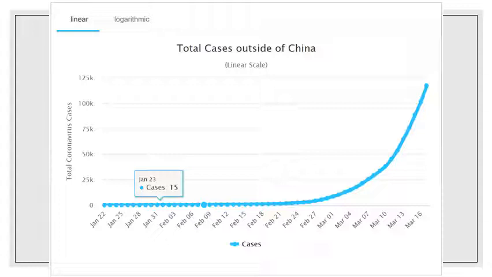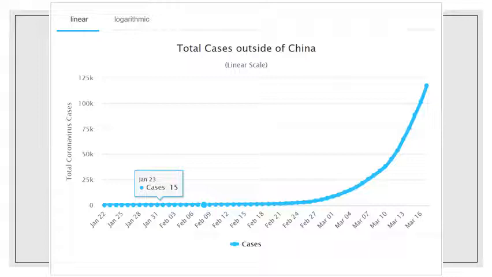They're really, really useful, and they'll probably be used as part of the ongoing crisis to make predictions and to make decisions. So as you can see, there were very few cases until around, say, February 24th, and you can see a dramatic rise from there, similar to how you would have seen it in the 1.01 to the power of x graph.